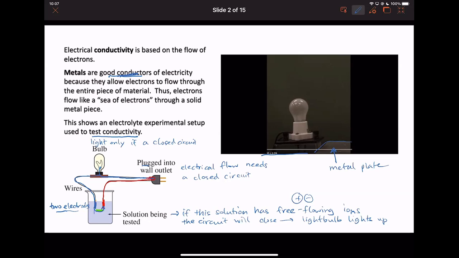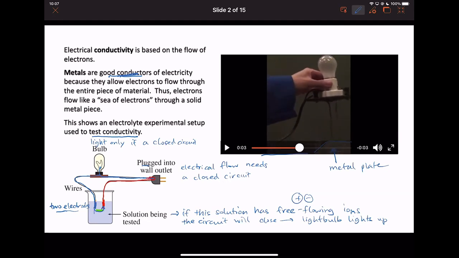And so let's see what happens when we first test this apparatus. This light bulb you can see right now is not on, but when the two electrodes, okay, so let's turn this on here. I'll pick this up, pause real quick. So there's two electrodes here. Notice these two electrodes. Here's the one electrode, and then here's another electrode, and this light bulb is not lit.